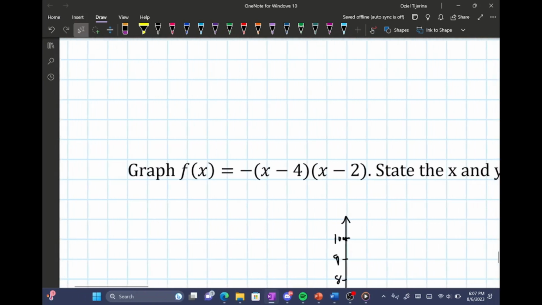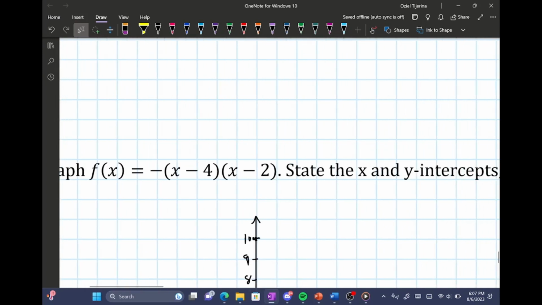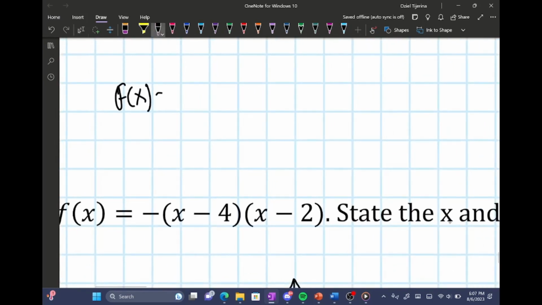So first and foremost, let's go ahead and write down the function. So f of x is equal to negative the quantity x minus 4 times x minus 2.